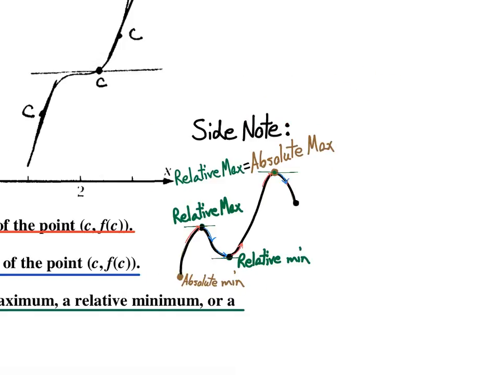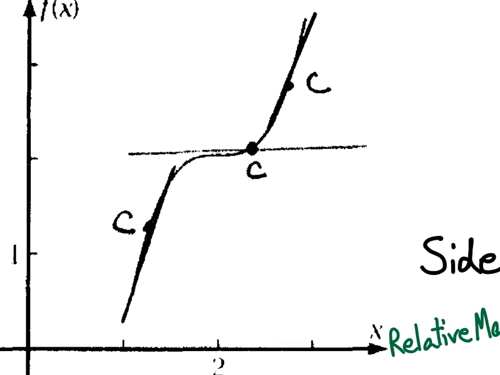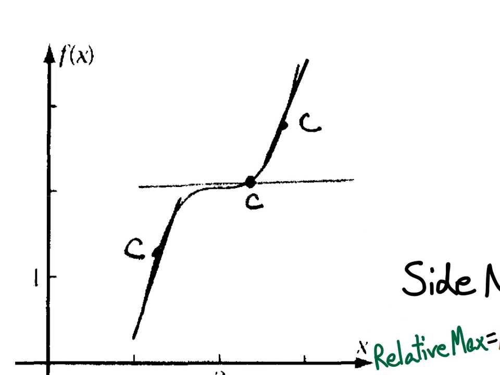Okay, so we also see here a case where, notice, we're increasing over here, so that means our derivative must be what? Positive. Okay, then we reach this point where the derivative equals 0, and it's kind of a weird instance here because notice the tangent line actually passes through the function.